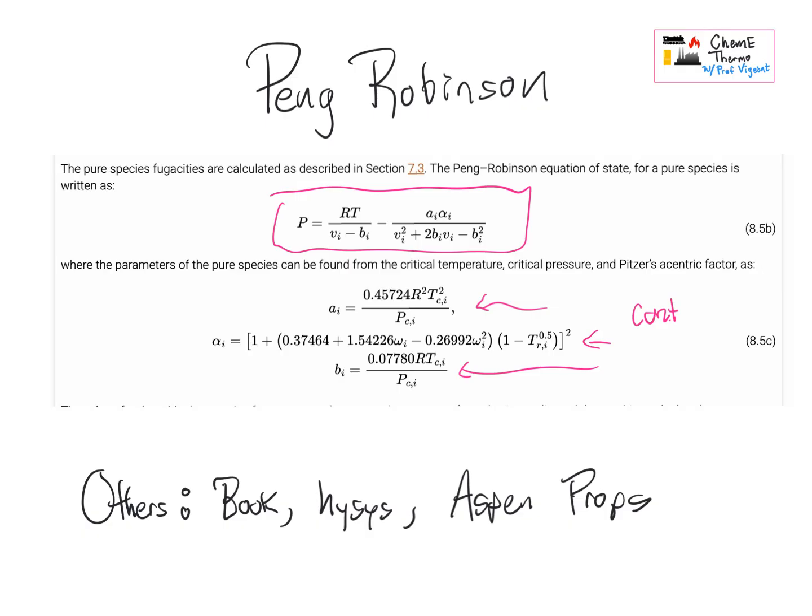This is not pressure, it's critical pressure. This is not temperature, it's critical temperature. So those are things you can look up for that chemical. And as it's written here, it's phrased as pressure equals something that's a function of temperature and a function of volume. There's another volume over here, but you could rearrange it and have it written as Z equals.